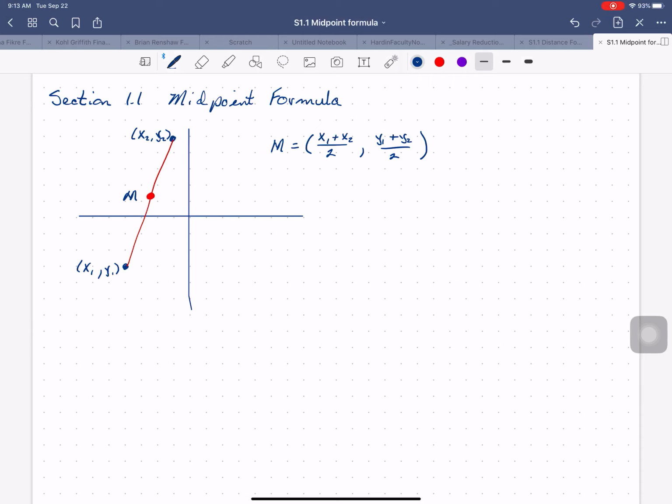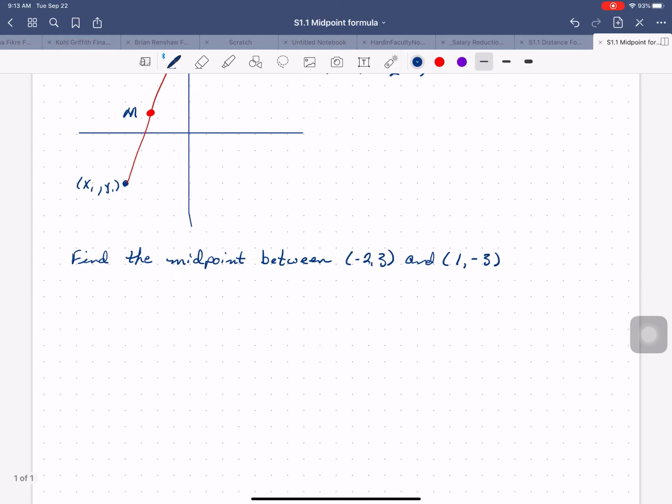So for example, let's suppose we wanted to find the midpoint between the points -2, 3, and 1, -3.